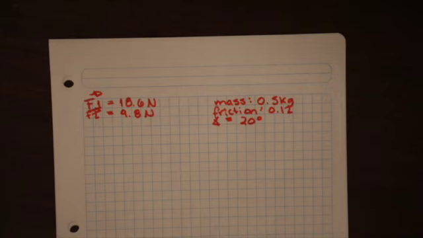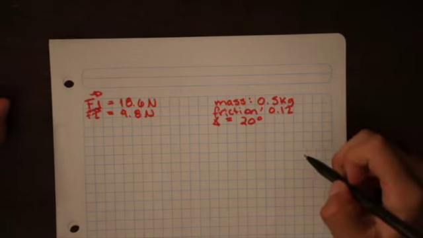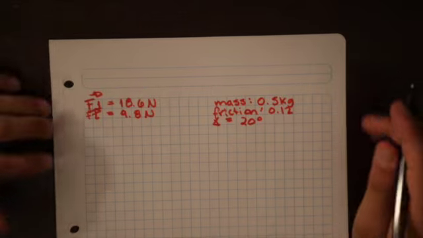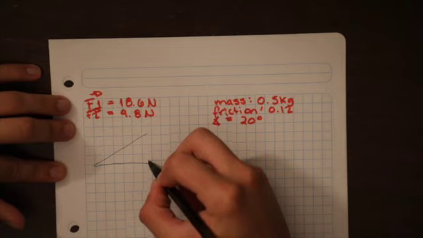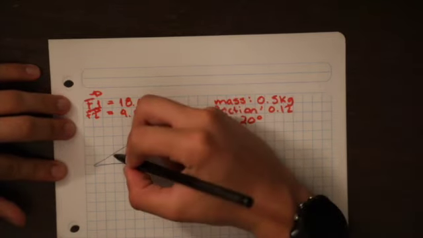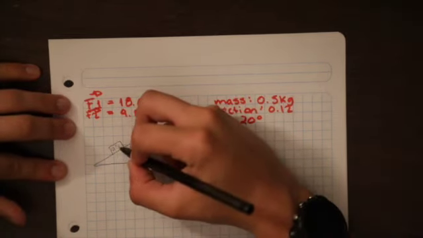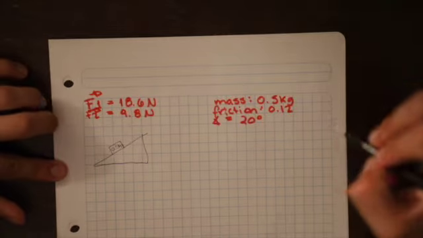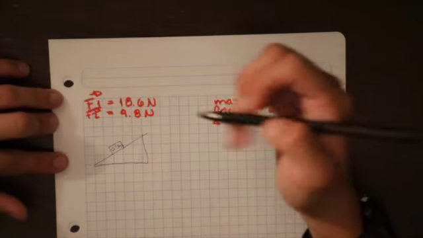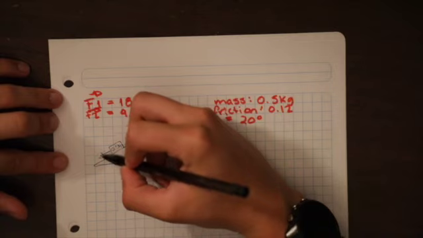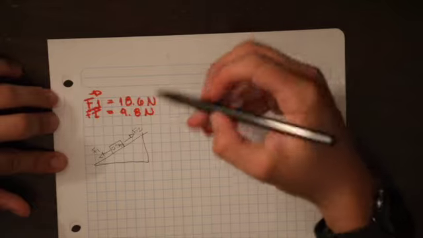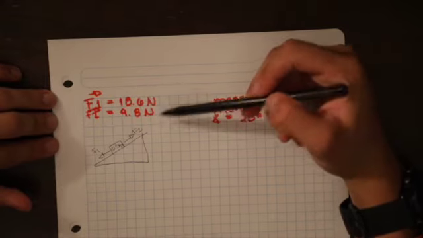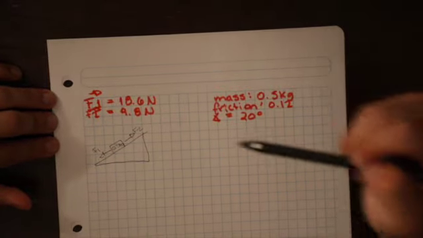So now we are going to, first of all, represent all of these in a drawing. We are going to do our inclined plane like this. It's going to be a triangle. We are going to place our object of 0.5 kilograms, and now F1 is acting going down. F2 is going up, and as you can see, F1 is bigger than F2, so the object is going downwards.